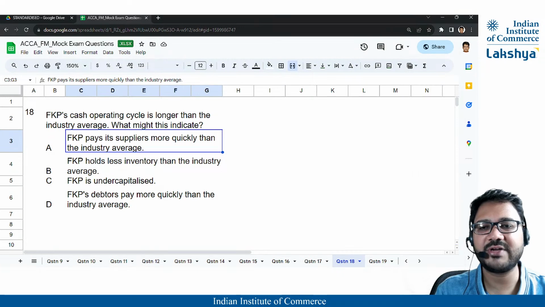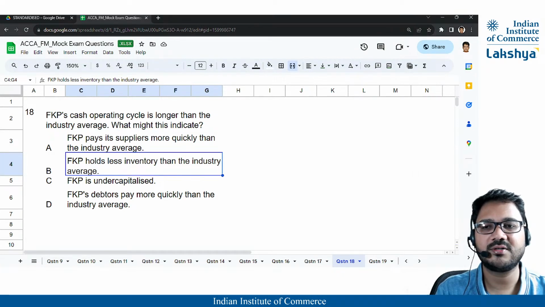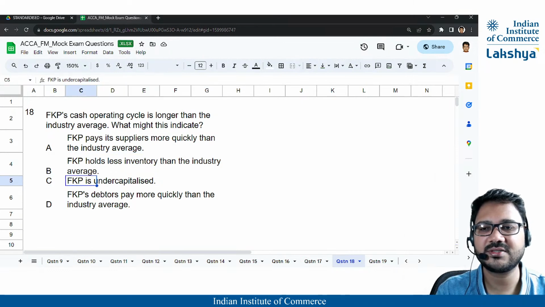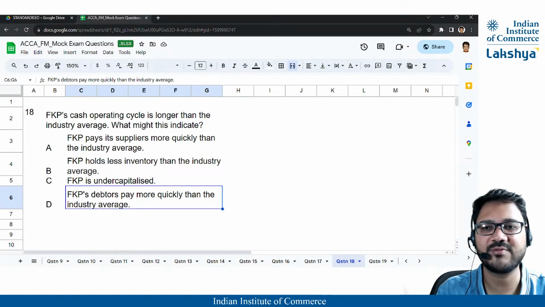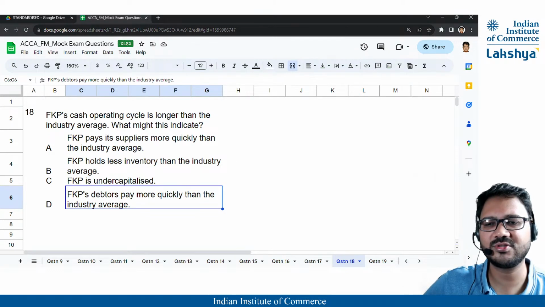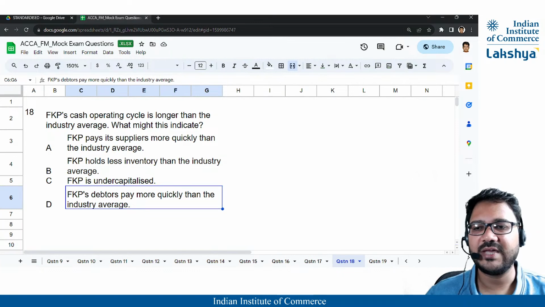FKP holds less inventory than the industry average. In fact, if it had less inventory, then the inventory days would reduce, which is not correct. FKP is undercapitalized. That is also incorrect. FKP's debtors pay more quickly than the industry average.